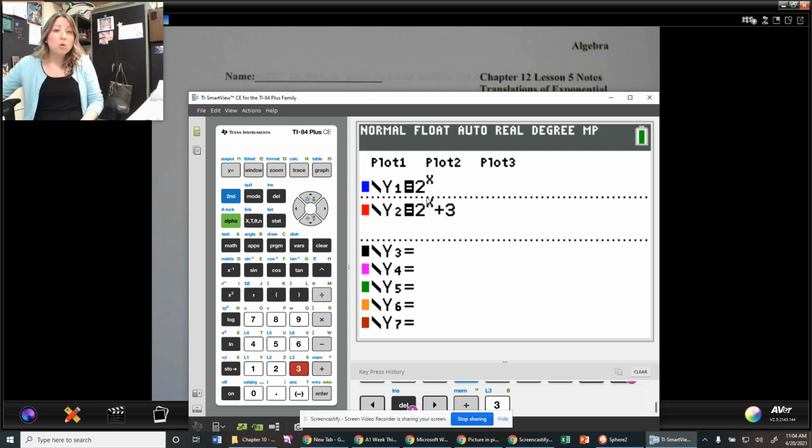If you're using a TI-83, when you hit your caret, press front parenthesis, X, end parenthesis, then type your +3 so that your graphing calculator knows only the X is in the exponent. This +3 is not in the exponent. This is a change up and down.